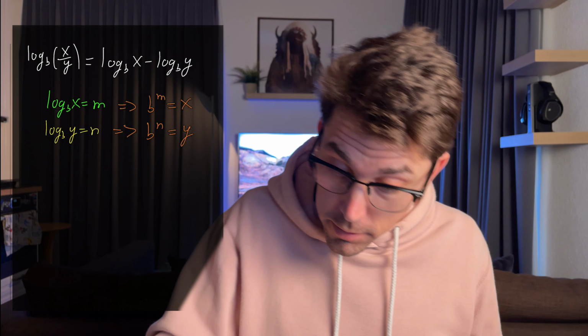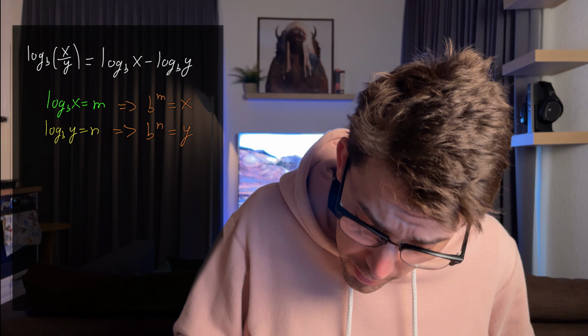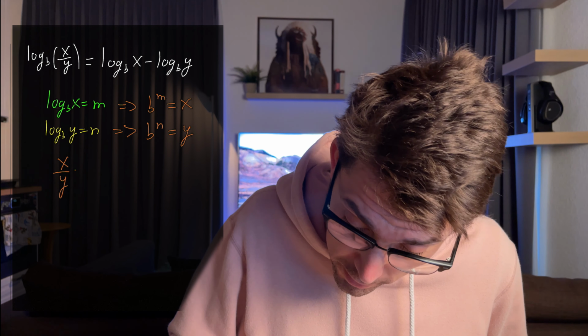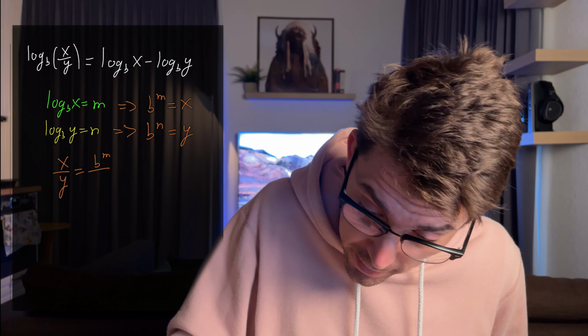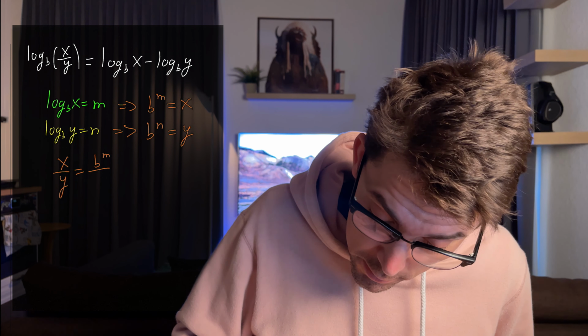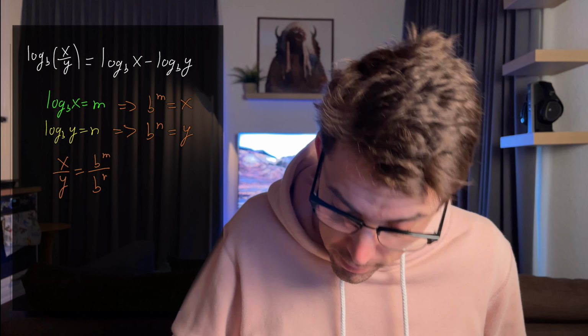Let's divide some numbers. So let's say that I am going to take x divided by y. That would be b to the power of m, because x is b to the power of m, and y is b to the power of n. So in the bottom here, I have y, so over to the right, I'm going to have b to the power of n. And if you remember, we also went over these exponential simplification rules in a previous video.